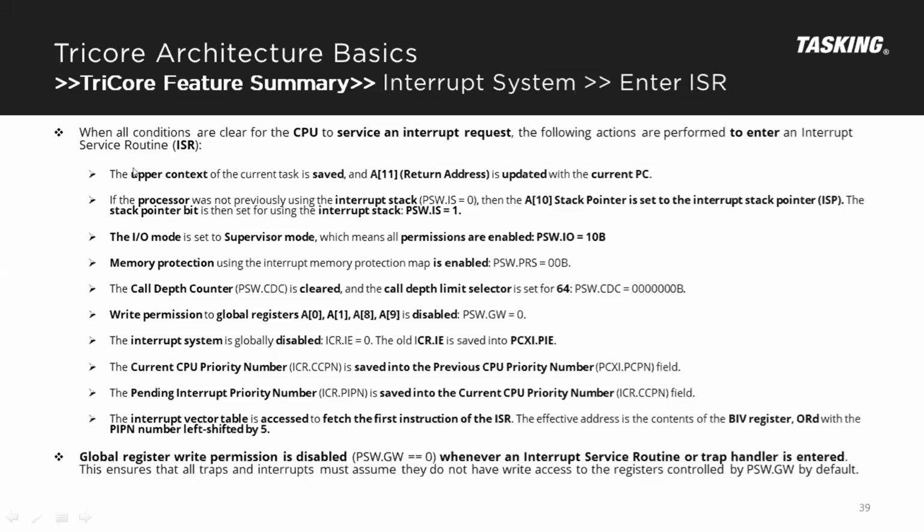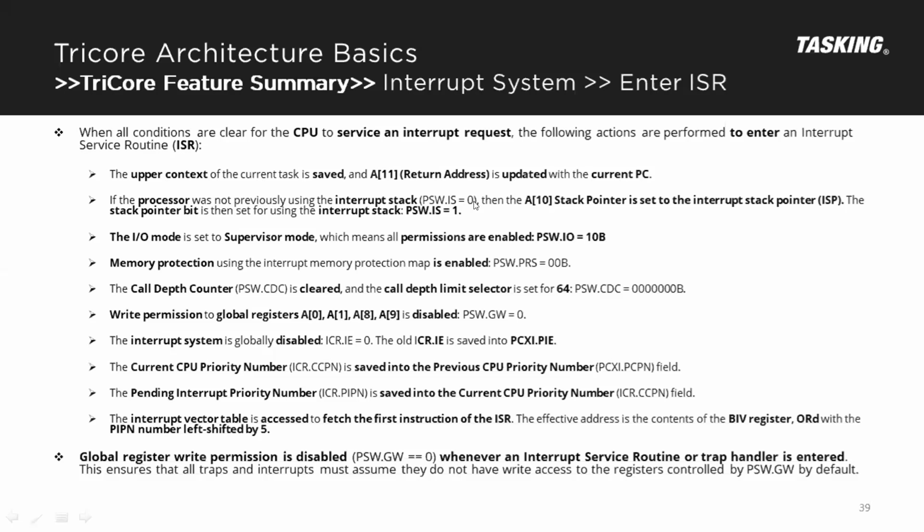So first, the upper context will be saved, and the A11 register is updated based on the current PC, the program counter, so it will hold the return address. The processor checks whether the interrupt stack is used or not, based on the processor status word interrupt stack bit.